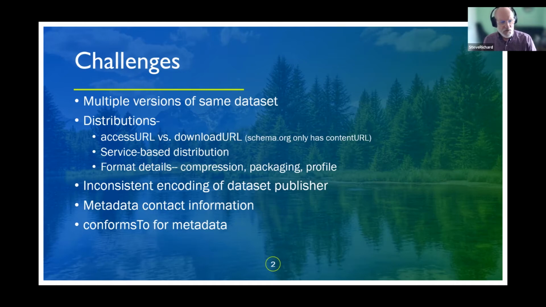Dealing with distributions, one of the things we've been doing with Geocodes is trying to streamline the linkage between finding data and identifying applications that can work with that data, and ideally even being able to activate the application on the web with the data. And so this requires machine actionable metadata, particularly in the distribution section, the part of the metadata that describes how to get the actual data.